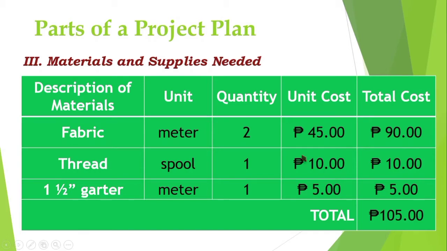And then for your spool of thread, since you bought one quantity only or one spool, so 1 times 10, that will give you 10 pesos. And then for garter, 1 times 5, 5 pesos. After computing the total cost, you add everything for your grand total. So in this example, my grand total is 105 pesos.